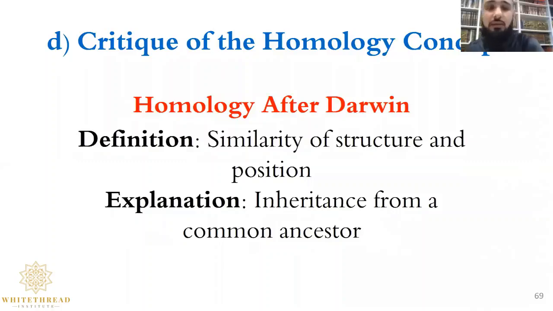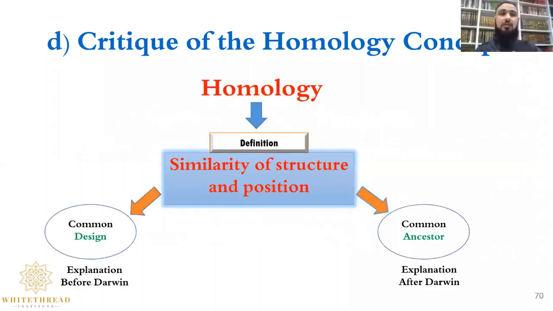Yet after Darwin's time you have the same definition, but the explanation has changed. It's inheritance from a common ancestor. Here is a schematic drawing of what I'm saying. The definition has remained the same, but the explanation has changed. Instead of common design, you have common ancestor as the explanation after Darwin.